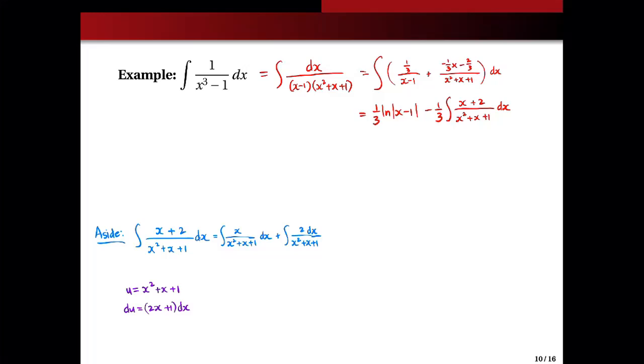So what I'm going to do, first, I'll multiply both the numerator and denominator by 2.